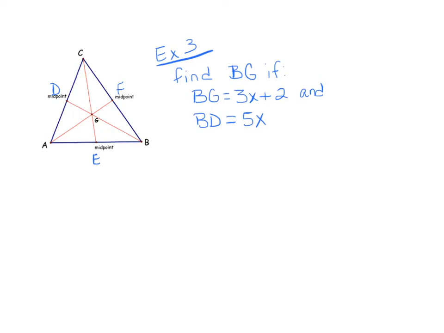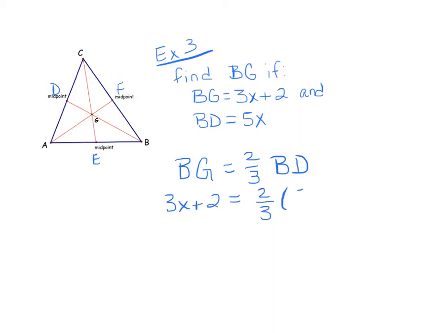I hope you were able to solve this on your own, but let's take a look at it. So just like before, what do we know? We know that BG is equal to 2/3 of BD. So let's substitute in what we know. We know that 3x plus 2 is going to be 2/3 of 5x. So let's take this as if we were solving a regular equation. Now, of course, there are multiple ways of approaching this, but I'm going to multiply both sides by the reciprocal of 2/3.